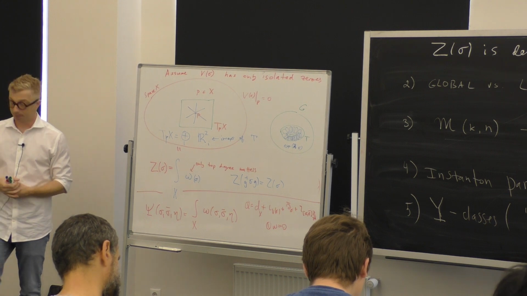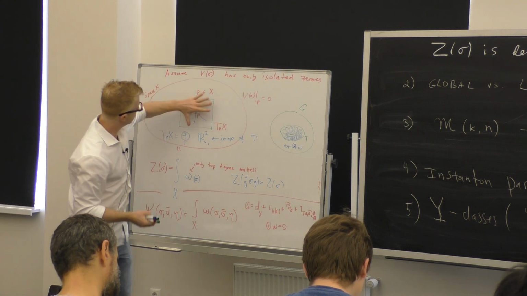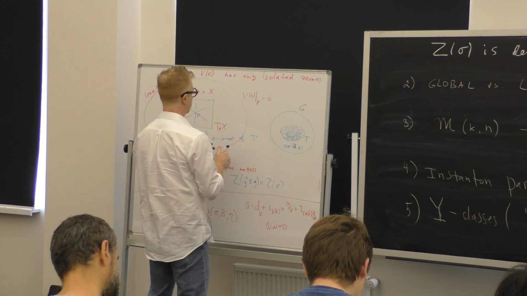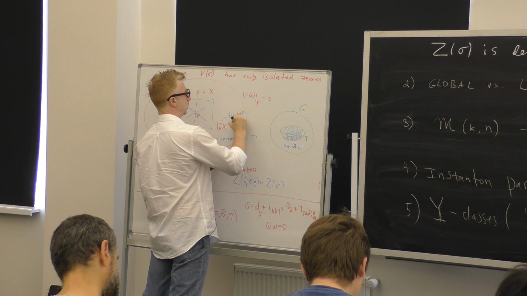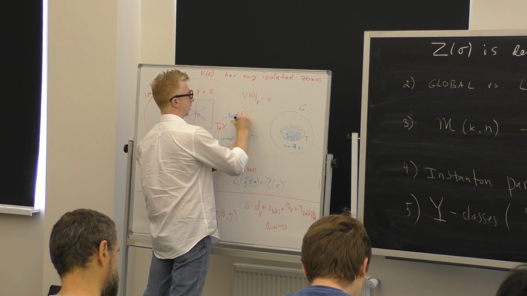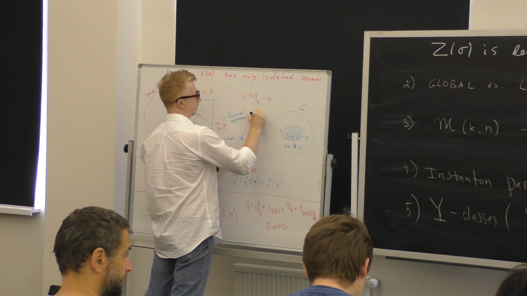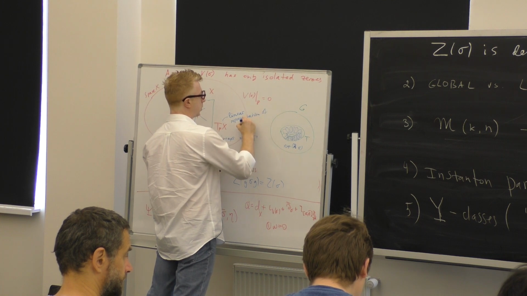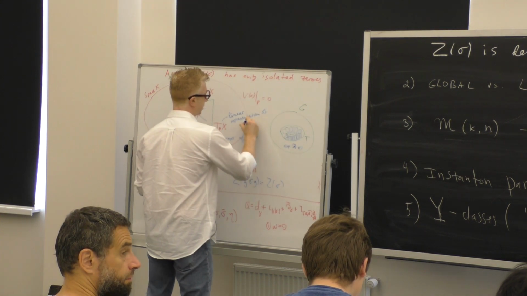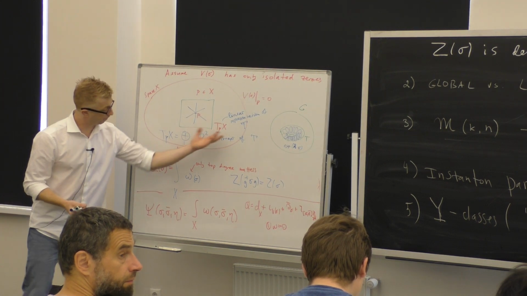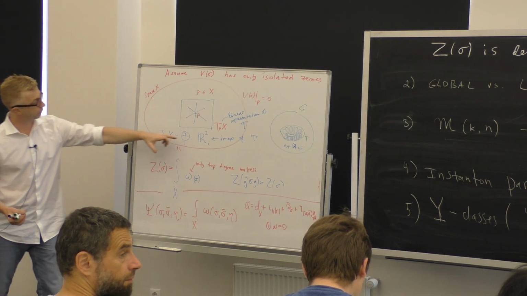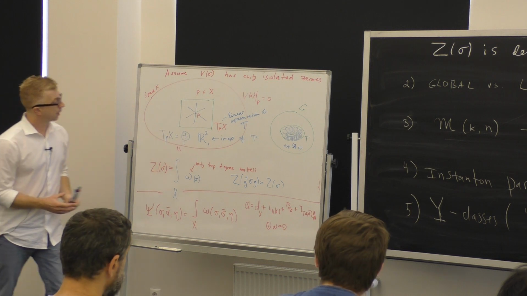So Tp of X is a linear representation of the torus, and as a linear representation, it splits as a product of irreducible representations, which are two real dimensional.